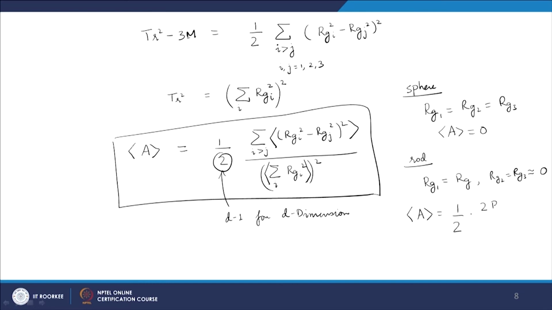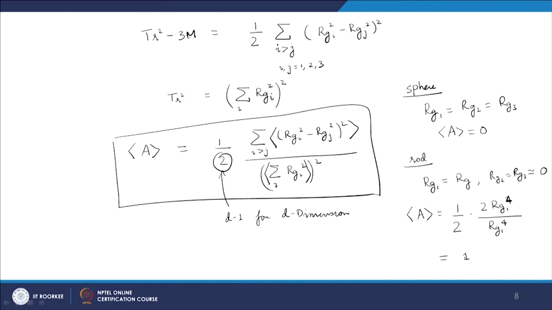So we have 2 Rg1 square, actually square root of that, so 2 Rg1 4, and then divided by only one occasion Rg1 will appear, and that is squared. So this is equal to 1.